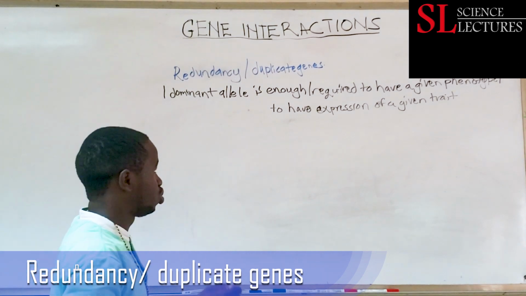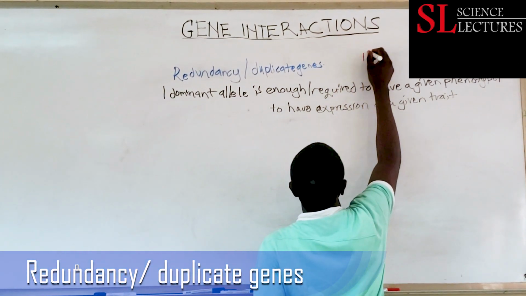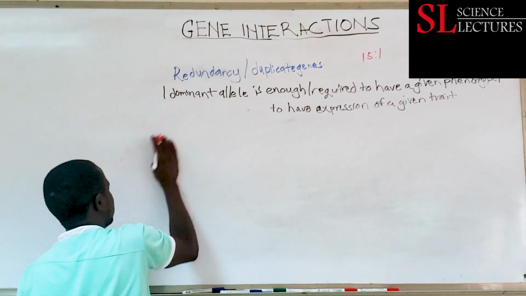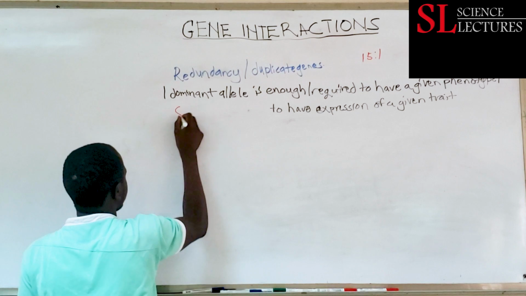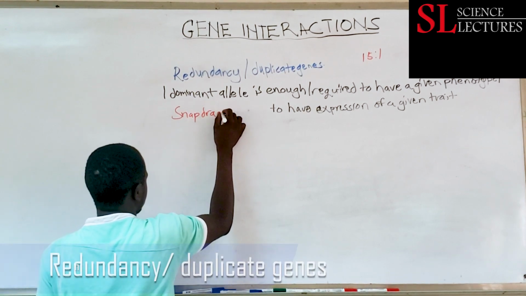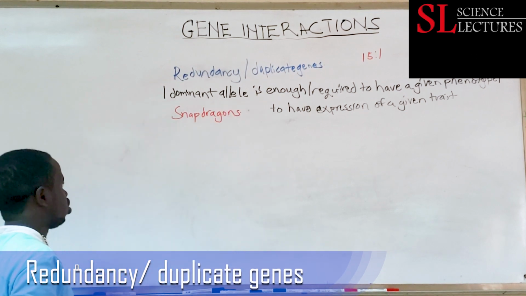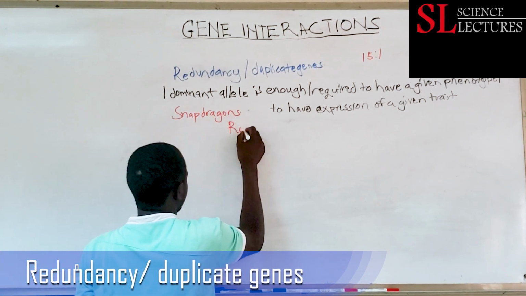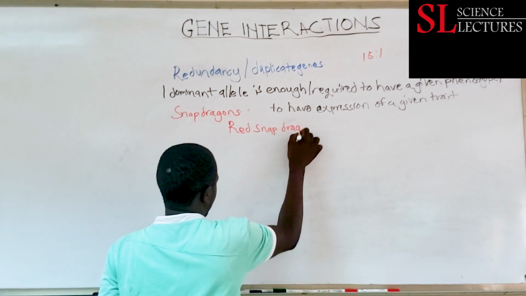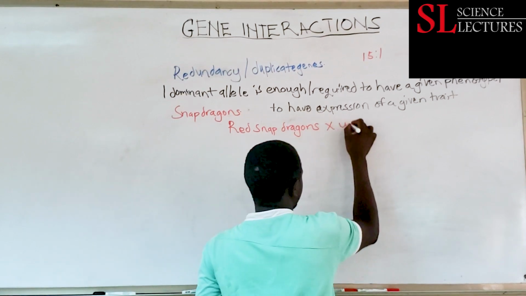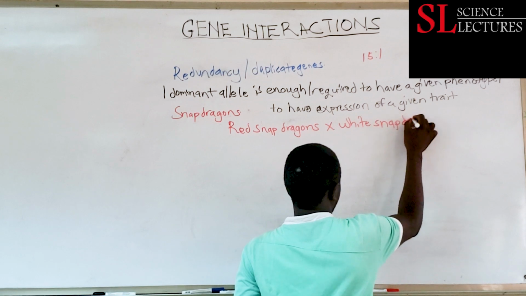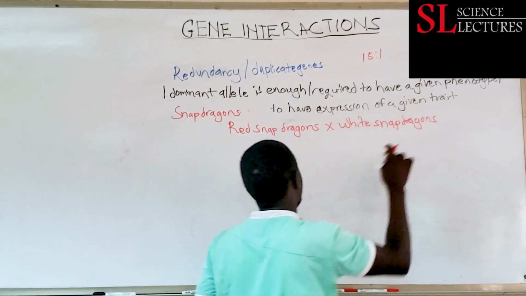The ratio for redundant or duplicate genes is 15 to 1. Let's use an example. Scientists tried to use what they call snapdragons. They got red snapdragons and crossed them with white snapdragons, and red was dominant over white.